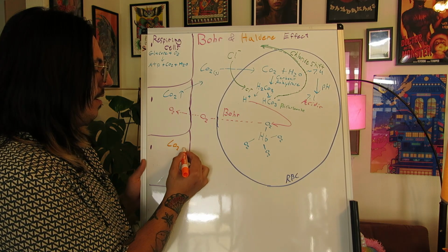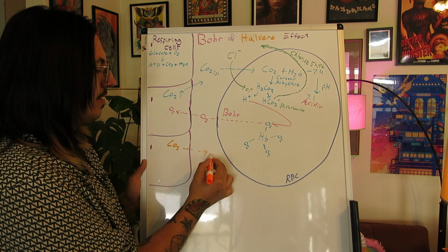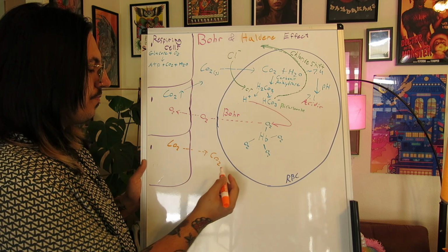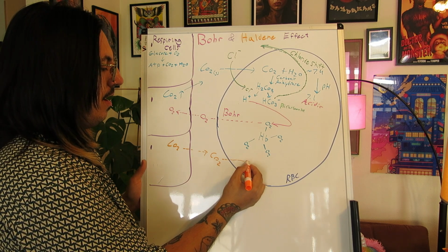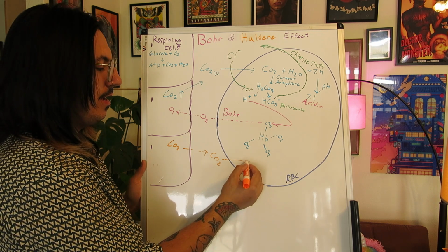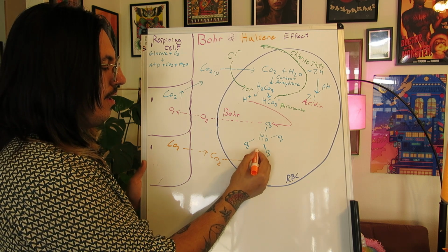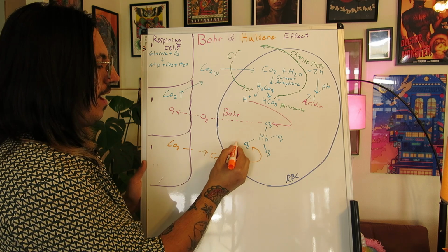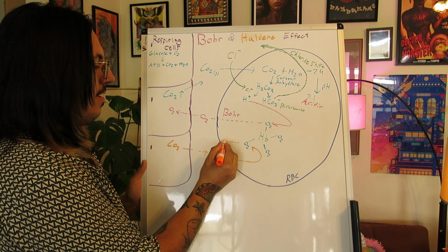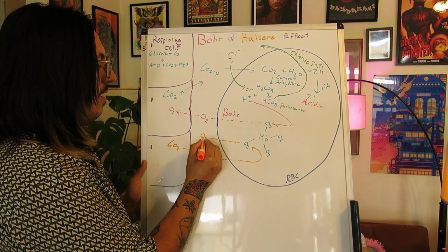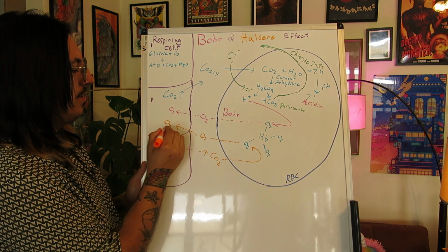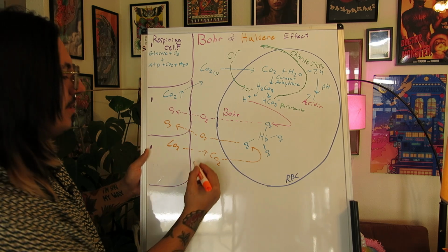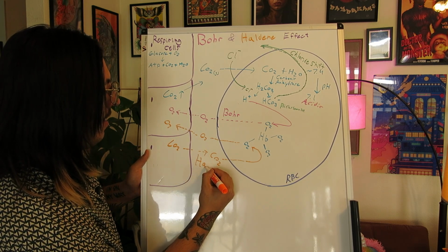This CO2 is going to diffuse into the bloodstream, and then diffuse in here, and once it's in here, it's going to come right around and knock off that O2 and bring it right back into the intracellular tissue. And this is the Haldane effect.